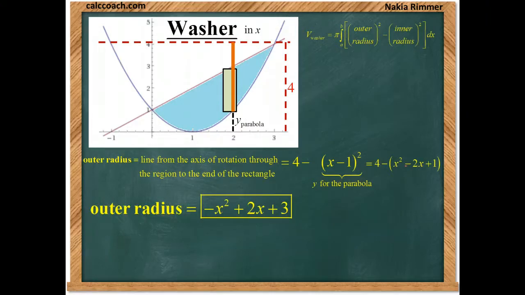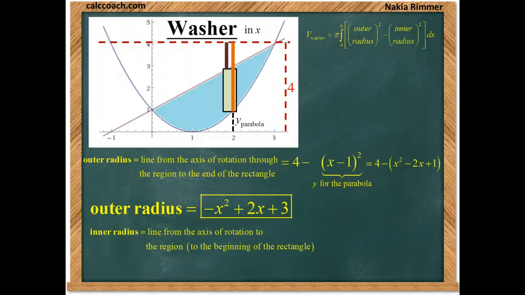Now let's go for our inner radius. It's a line from the axis of rotation that comes up just to the region, or just to the rectangle. This distance here is the inner radius. Once again, it's a subtraction of one distance from another.